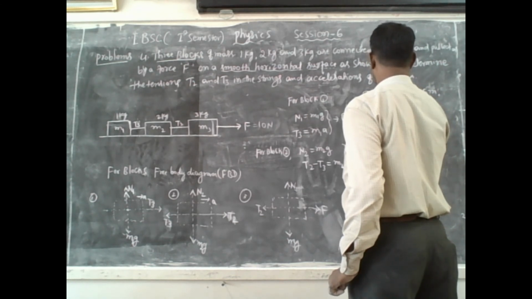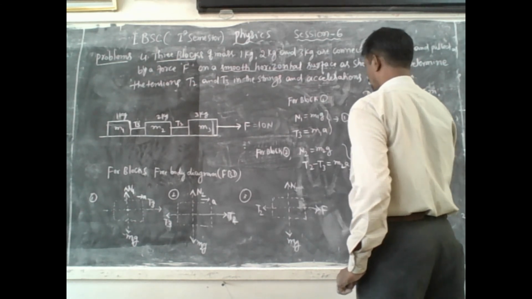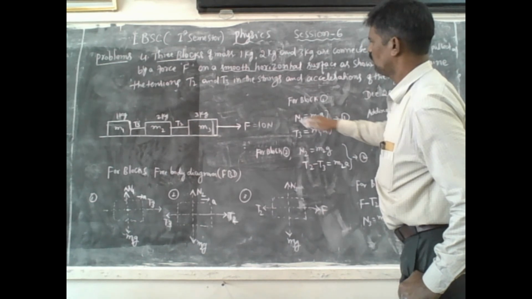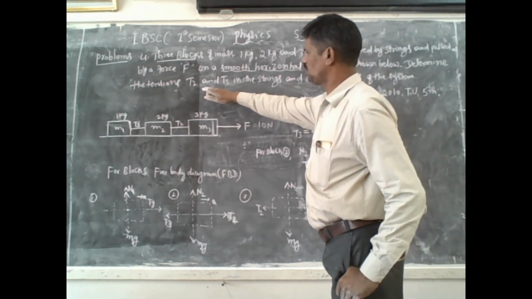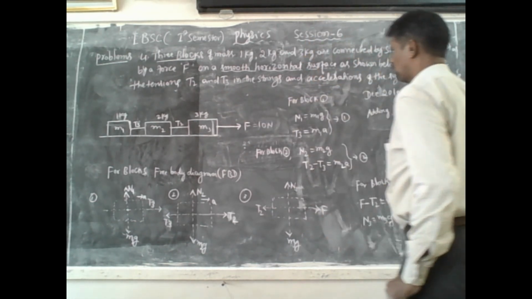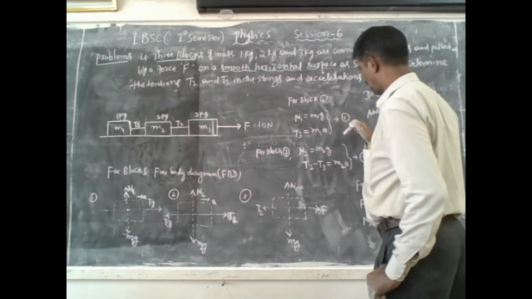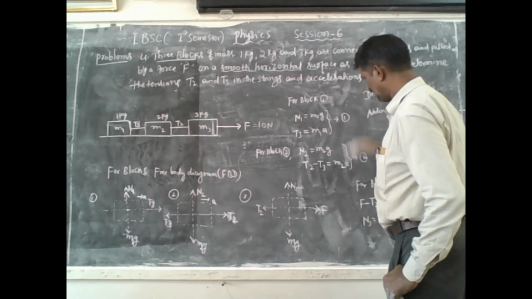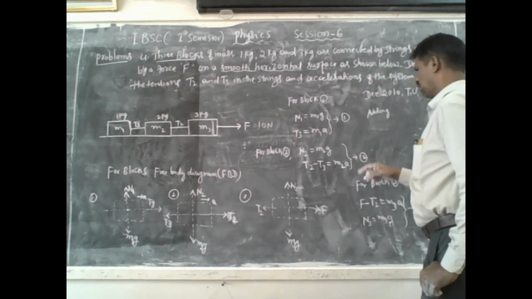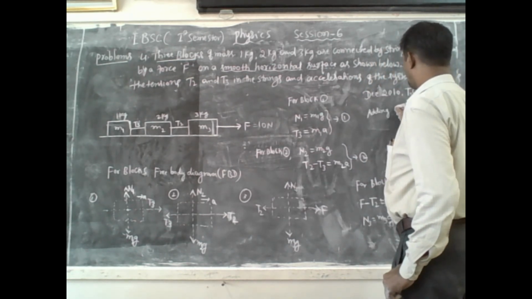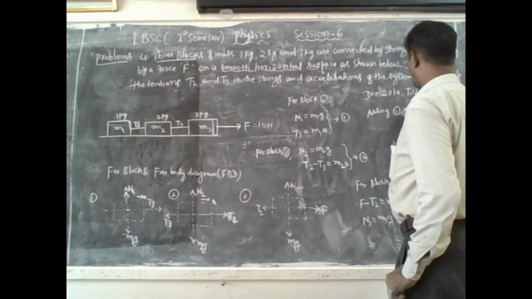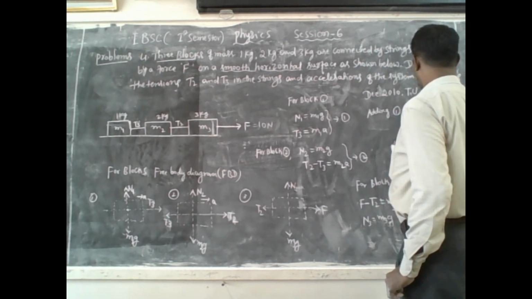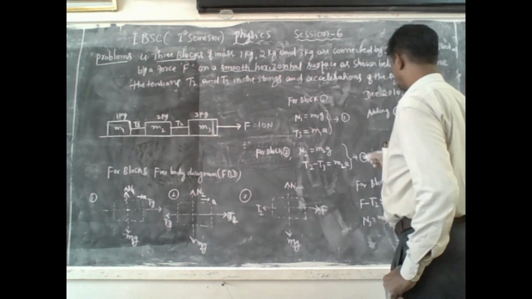Adding the equations. Our target is to find tension 2 and tension 3, that's why we have to take into account only the tensions in these 3 equations. Among these 3 equations, adding 1, 2 and 3, isn't it?